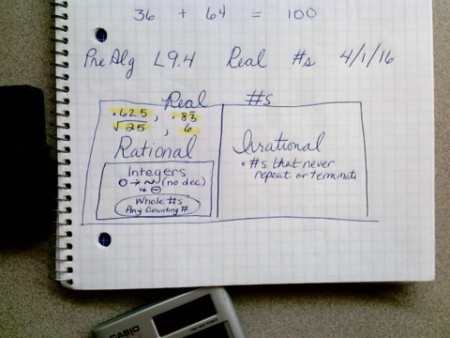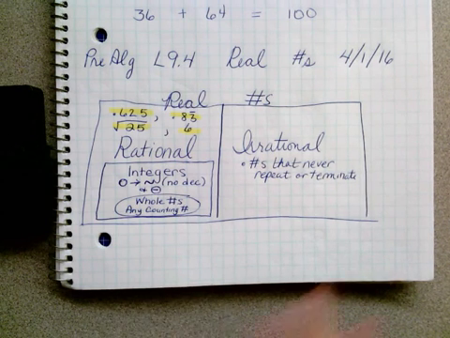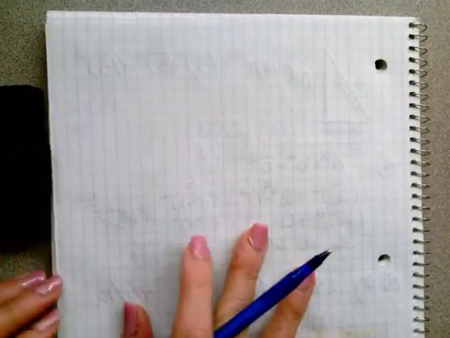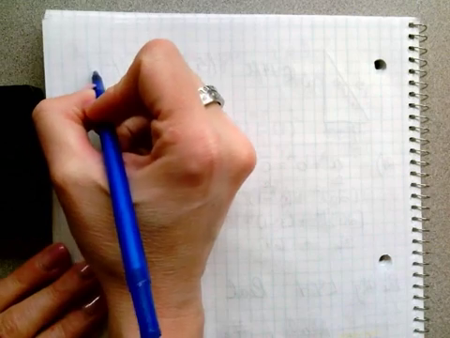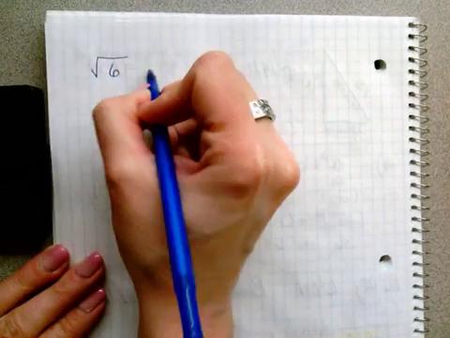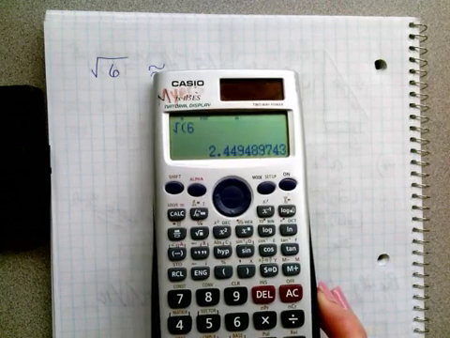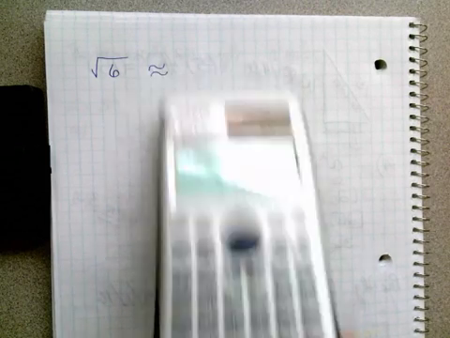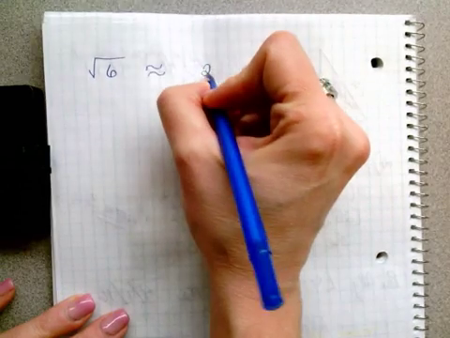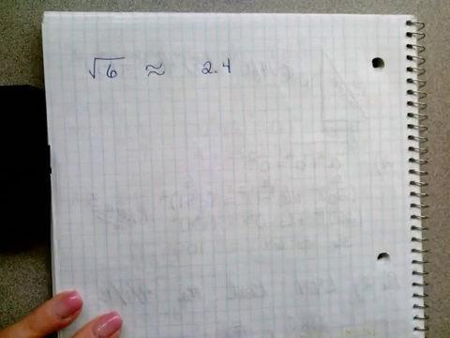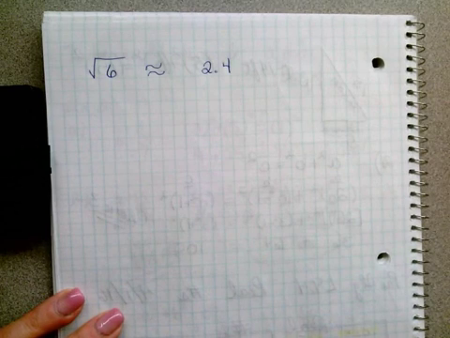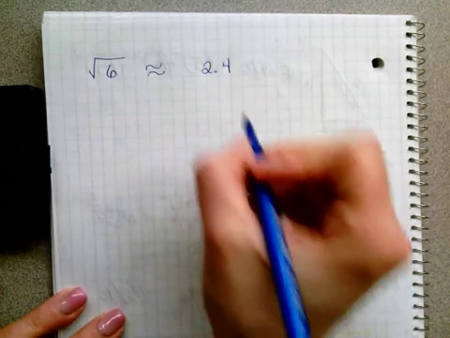Graphing irrational numbers. You're going to think this is a little strange. I'm going to go ahead and flip my page here in a second. But the best way to graph an irrational number is going to be to come up with a fair estimate. All right? And I'm just going to show this to you real quick. And this isn't in your book. Okay? Square root of 6 is approximately 2.4. I'm just going to chop it off. Okay? 2.4. Okay? Don't look too closely at that triangle business because to me that's more difficult than it needs to be.